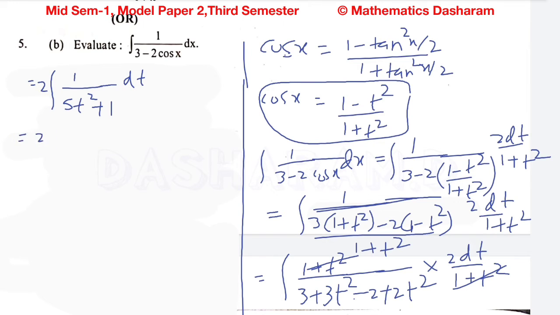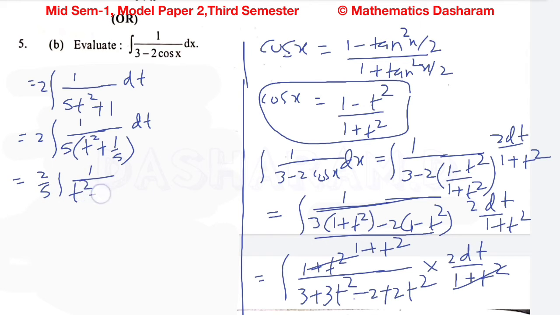So 2 into integration 1 by, here take the 5 common, so t square plus 1 by 5 dt. So now 2 by 5 integration 1 by t square plus 1 by 5, can write as 1 by root 5 whole square dt.